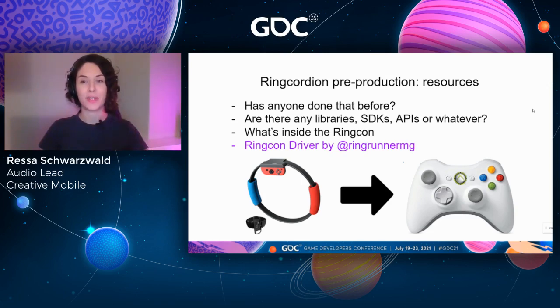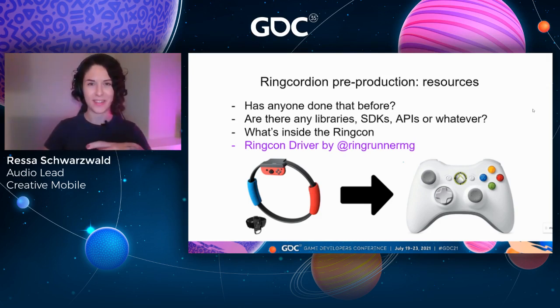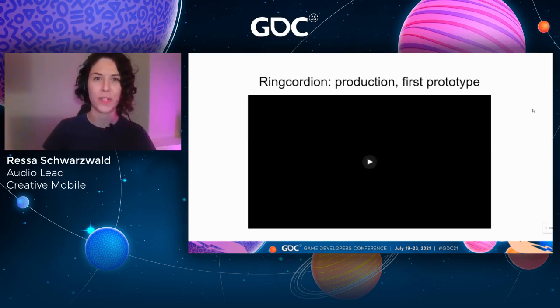The first prototype I made with that was a bit clumsy, but then RunnerMG made a special edition of this driver, which took the exact data from the flex sensor, and I could bind it directly to the RTPC. This saved my project, literally. So thank you very much, RunnerMG.